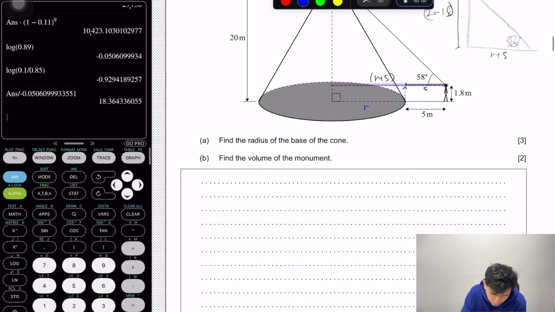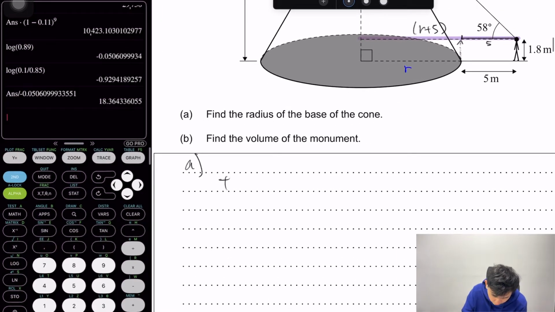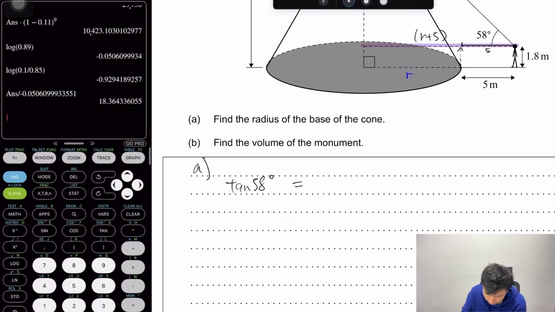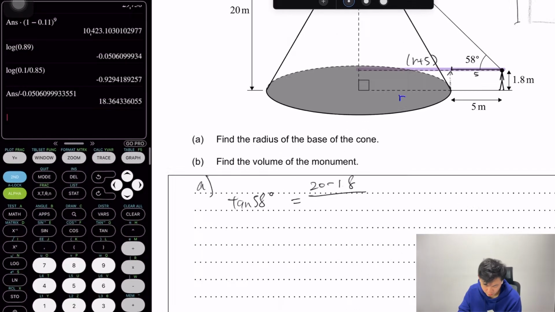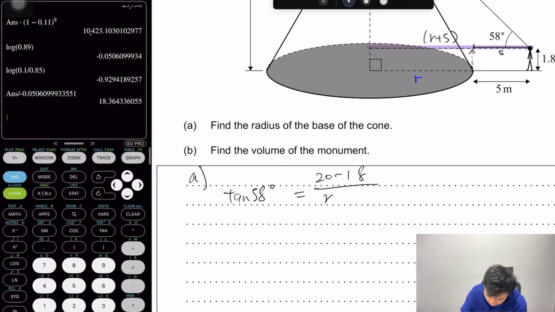Let's write part A first: tangent 58 degrees equals 20 minus 1.8, divided by r plus 5.